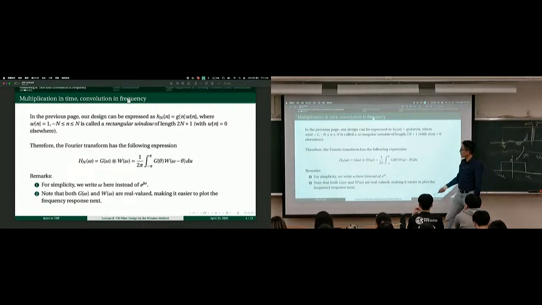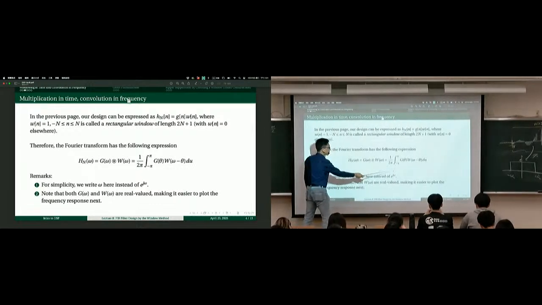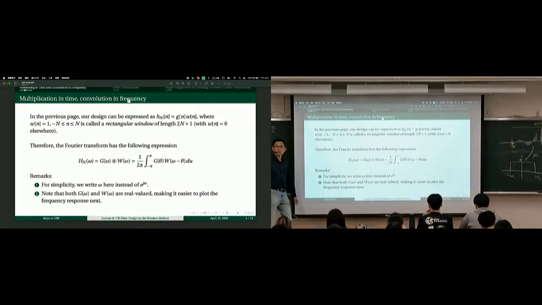Now the spectrum of the filter as a function of small omega is the convolution between G and W. G and W convolve in the frequency domain. Sorry, this should be theta. Can we all change this to theta? That's wrong. Convolution in the frequency domain, and there's a factor of 1 over 2 pi.